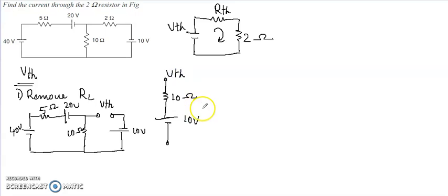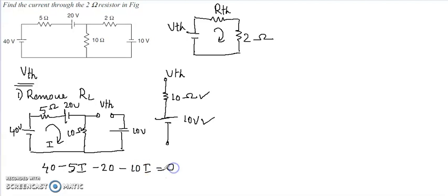VTH. Okay. So we have got the 10 volt here, but to know the voltage here we should know the current through this resistor. So we can find the current through this resistor by using KVL. That is, we can write 40 minus 5I, let the current be I, minus 20 minus 10I is equal to 0.